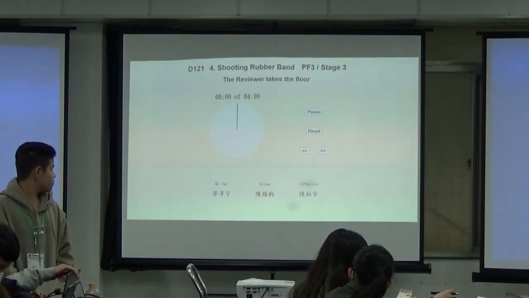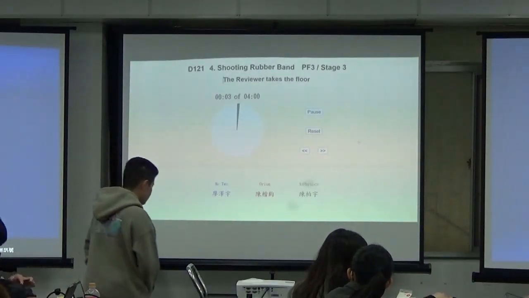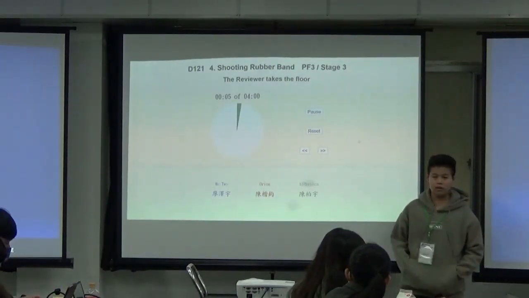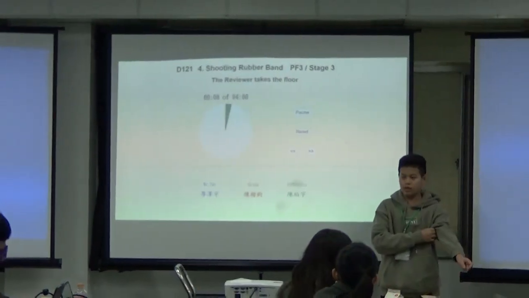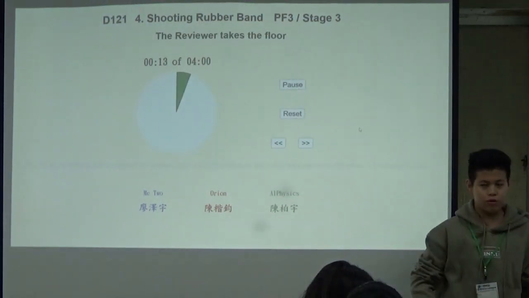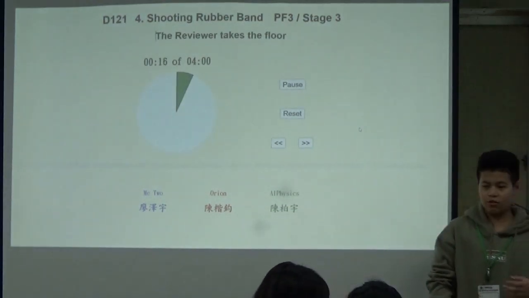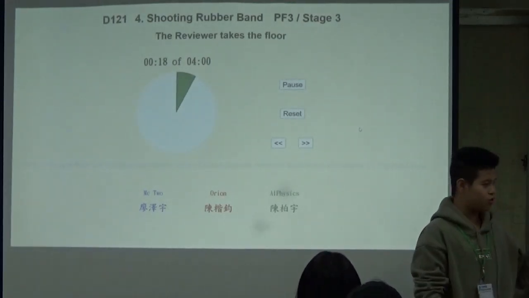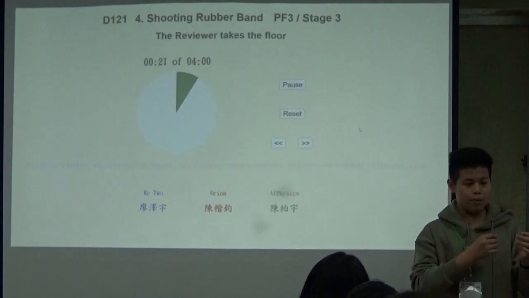Okay, reviewer takes the floor. Hello everyone, this is team offices and I'm going to do the review. According to the topic, we want to find the rubber band shot non-uniformly, and we are going to find the farthest distance.